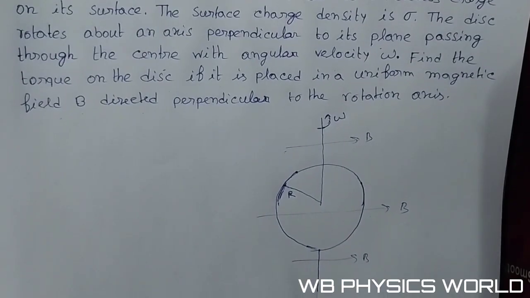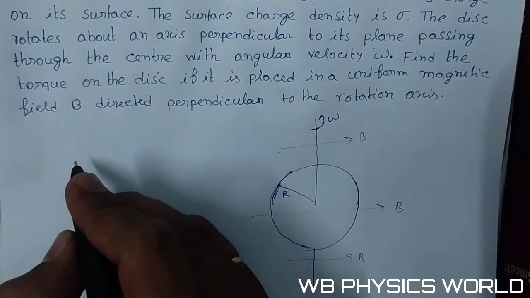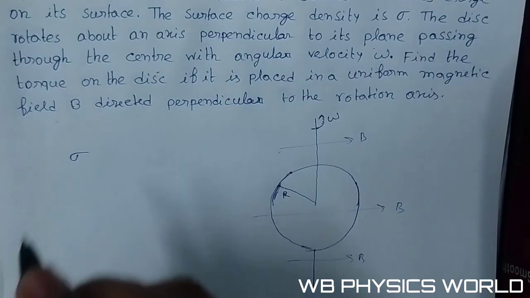Now the surface charge density is sigma.